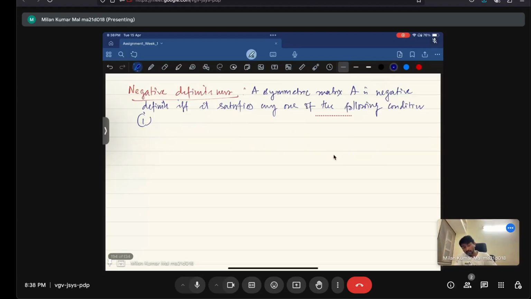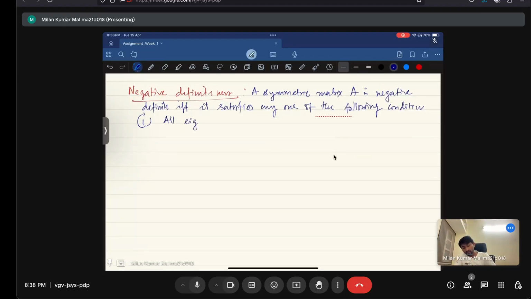One is that all the eigenvalues of A are negative.